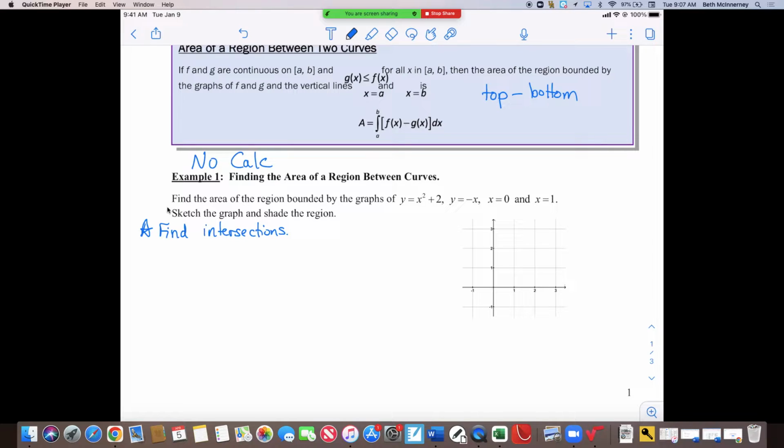Now x equals 0 and x equals 1, those are vertical lines, so I don't need to do anything with those. That's bounding my left side and my right side. But what I'm going to do is set x squared plus 2 equal to negative x.